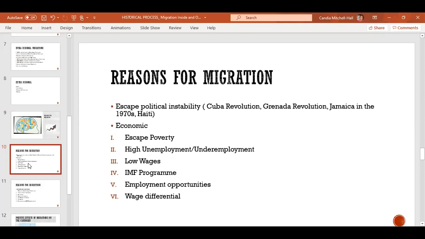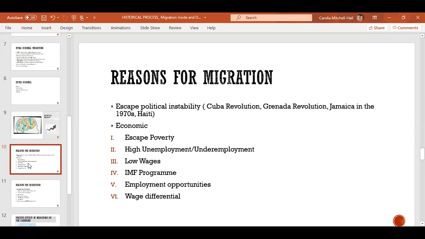Not long before the Cuban Revolution, Cuba has always had some level of instability when it comes to their politics. Also, before and during the Grenada Revolution, quite a lot of Grenadians would have migrated to the US, Canada, and Jamaica in the 1970s and 80s.